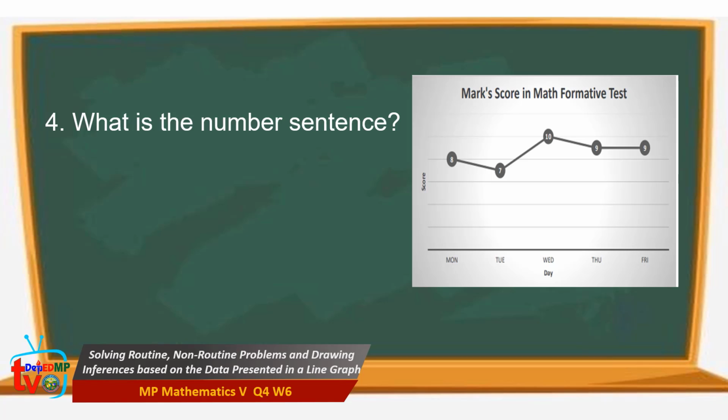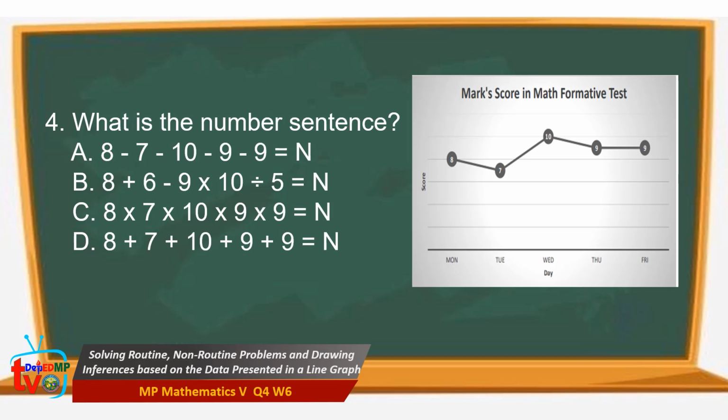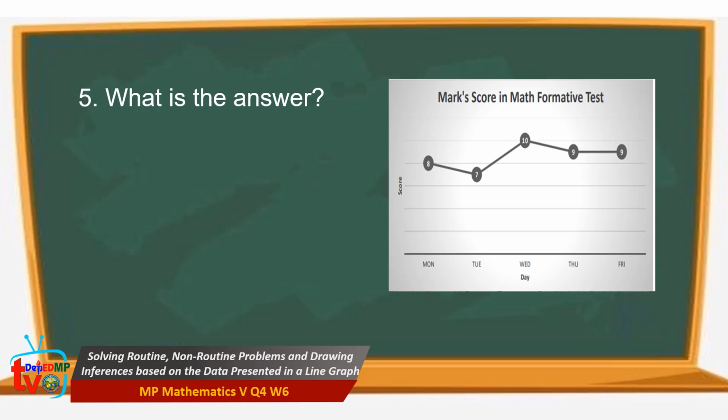What is the number sentence? A. 8 minus 7 minus 10 minus 9 minus 9 equals N. B. 8 plus 6 minus 9 times 10 divided by 5 equals N. C. 8 times 7 times 10 times 9 times 9 equals N. D. 8 plus 7 plus 10 plus 9 plus 9 equals N. The answer is D. What is the answer?